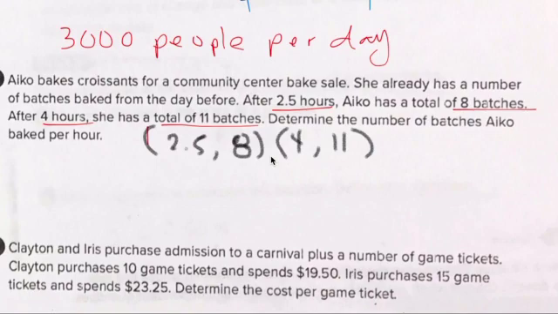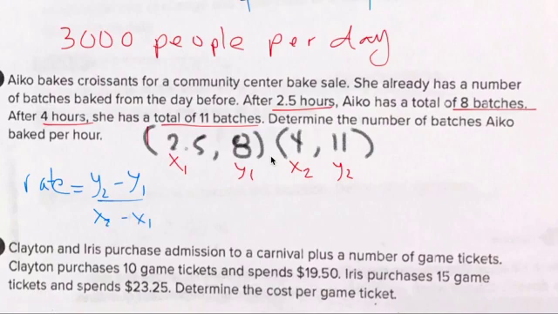Then do x sub 1, y sub 1, x sub 2, y sub 2, right? So your slope formula is the rate of change formula. Rate also, guys, rate is the same thing as slope. Rate formula is y sub 2 minus y sub 1 over x sub 2 minus x sub 1. 11 minus 8 over 4 minus 2.5.